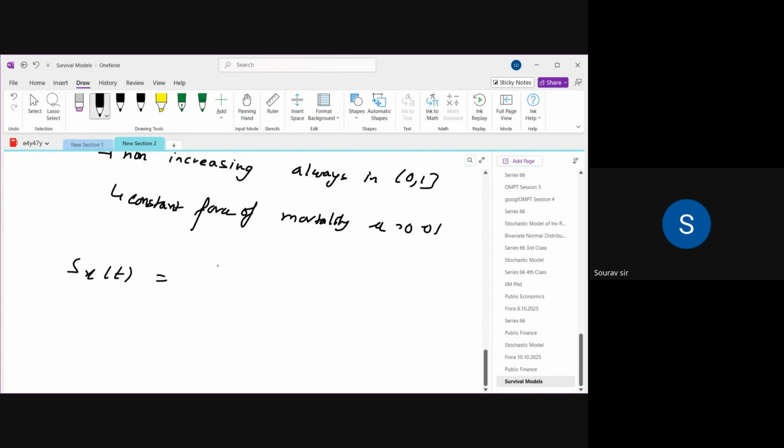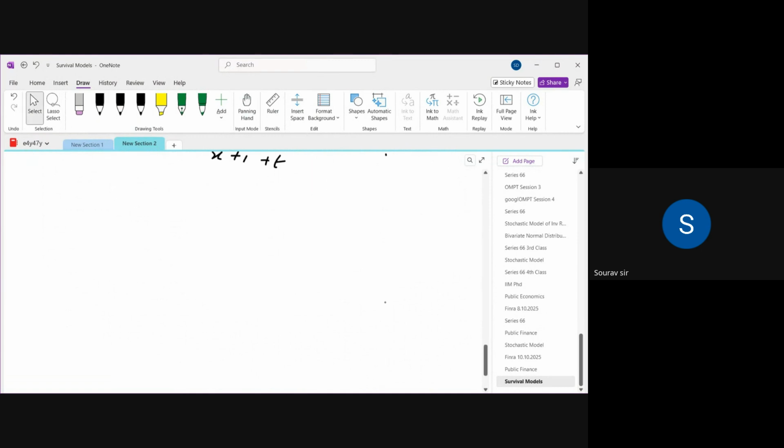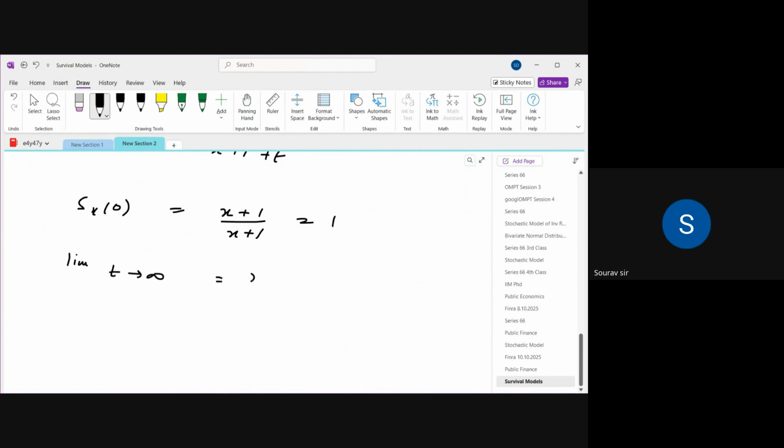Next, S_x(t) is equal to (x+1) divided by (x+1+t). Is that valid? S_x(0) is equal to (x+1)/(x+1), that is 1. As t tends to infinity, x+1+t tends to infinity, so S_x(t) tends to 0.